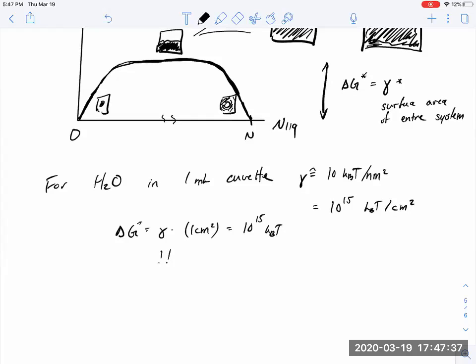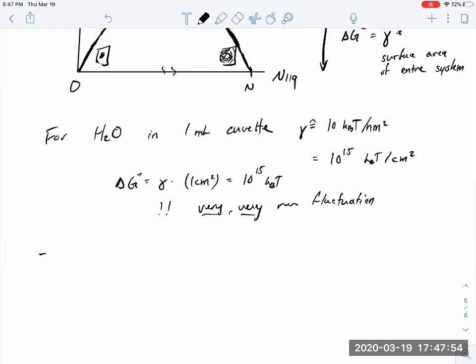That's an enormously large free energy and a very, very rare fluctuation. In fact, it's a fluctuation that would essentially never happen.